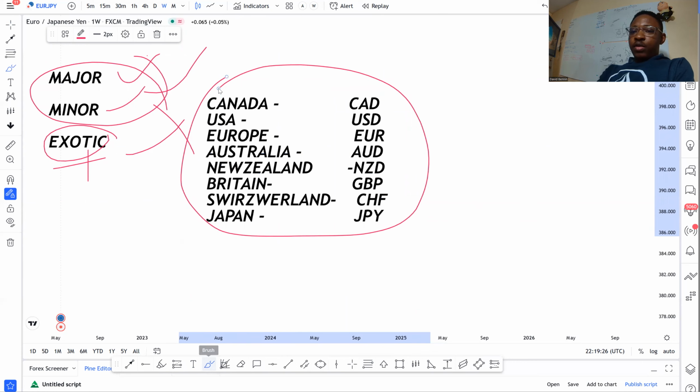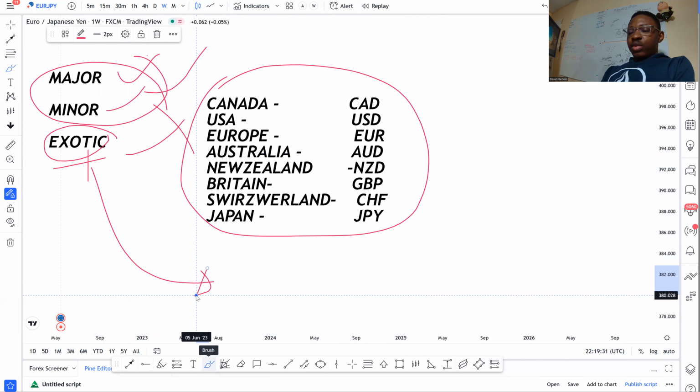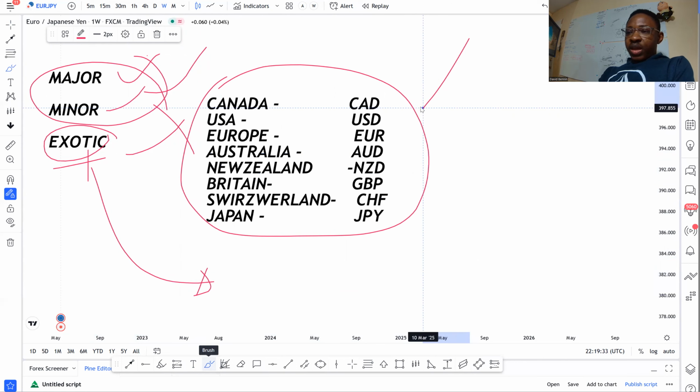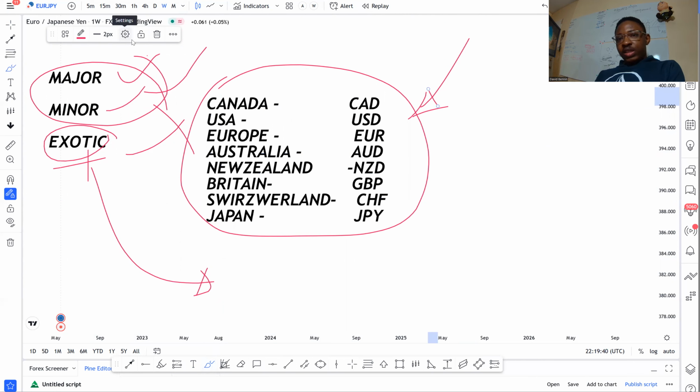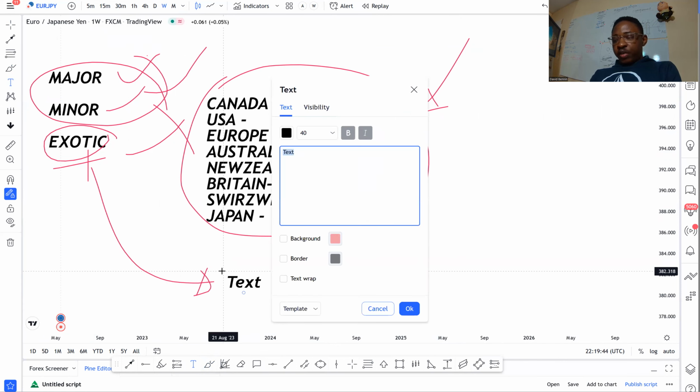And we have what we call exotic. So exotic currencies are not, these economies are not big economies. Mostly they are providing something of value to everyone in the world. And these are a few other countries that are also dominant in the Forex market, but not as popular as the major and minor currency.